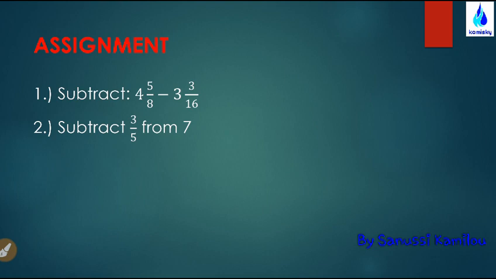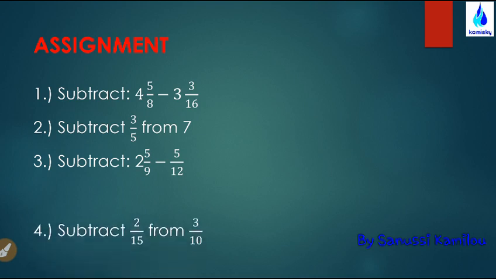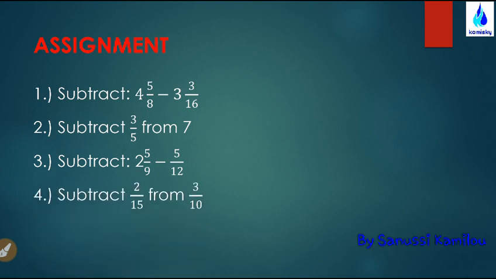You should be wise with this question. It means we are taking the 3 out of 5 from the 7. Now subtract 2 whole number 5 over 9 minus 5 over 12. And the last question, 2 whole number 15 from 3 over 10. They are all subtraction. Good luck.